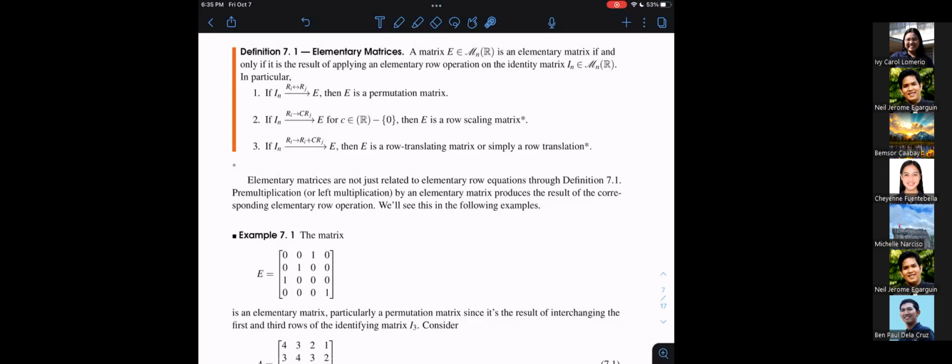So here we define what elementary matrices are. A matrix E, which is square, so ang size niya ay n by n, is called an elementary matrix if and only if it is the result of applying an elementary row operation on the identity matrix. Okay? So essentially, may tatlong klase tayo ng elementary matrices.